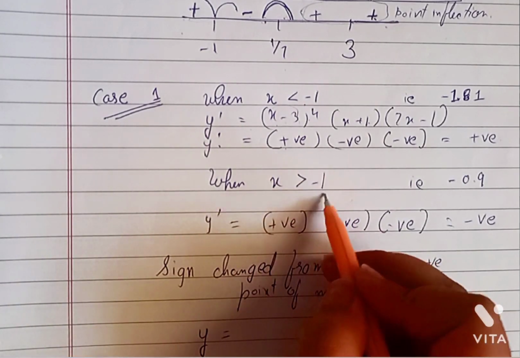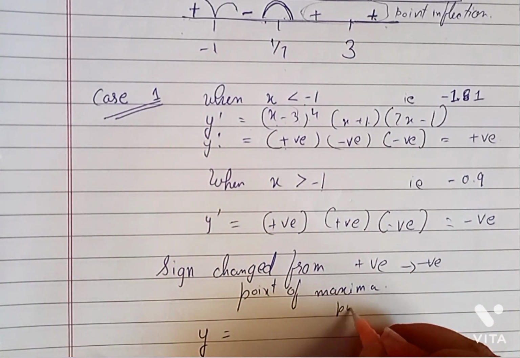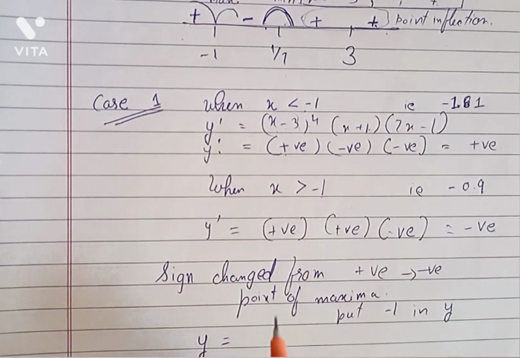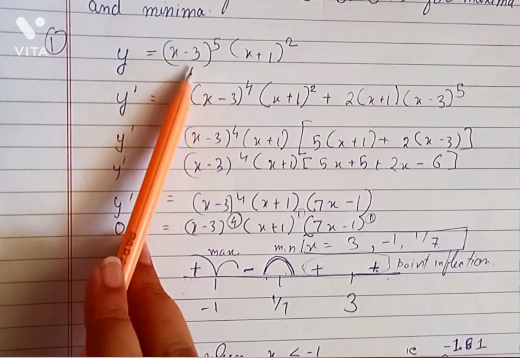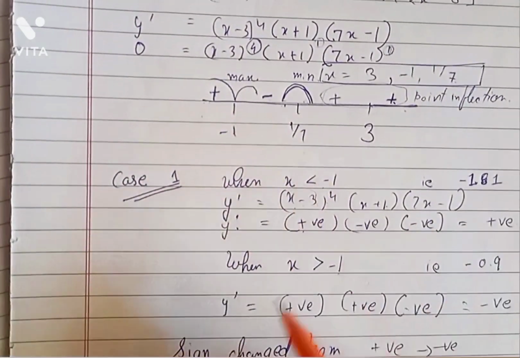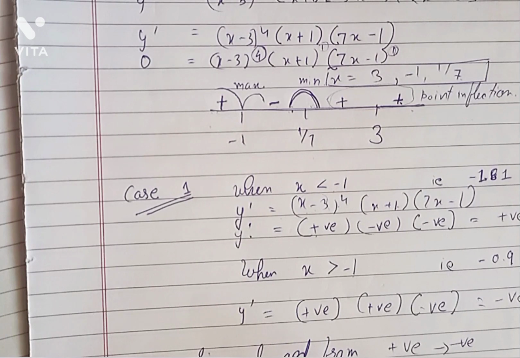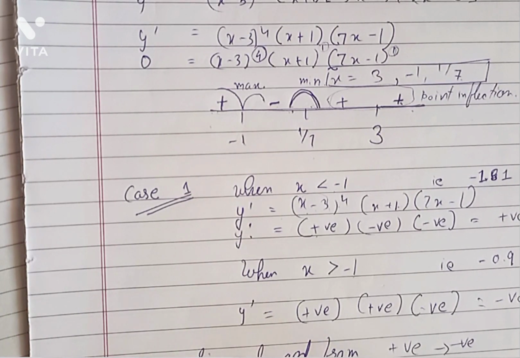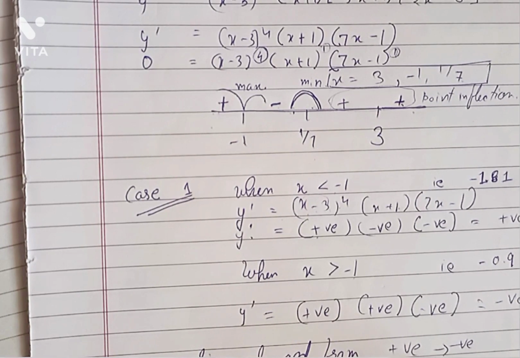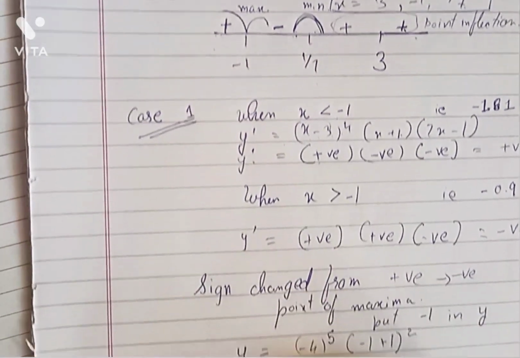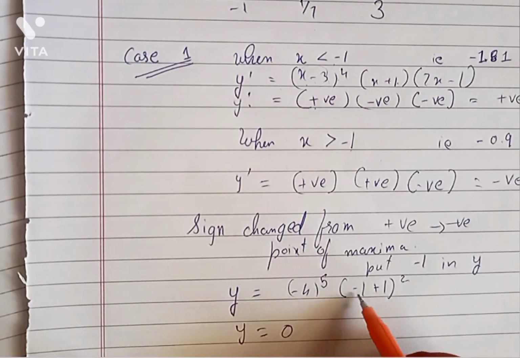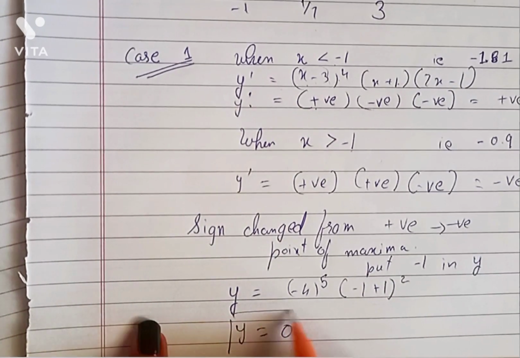Now I'll put minus 1 in y. Putting minus 1 in y, so minus 1 minus 3 gets minus 4 to the power 5, and minus 1 plus 1, right? So y will be equal to 0. This will get 0 and the whole quantity would be 0.